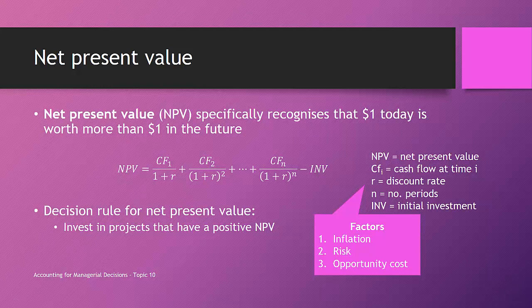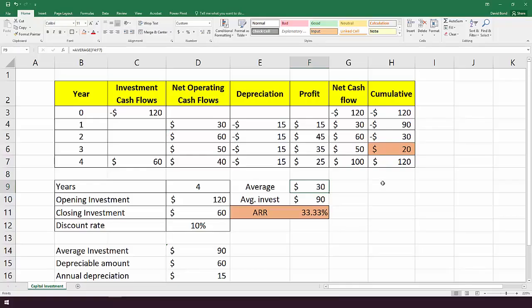So let's have a look at this in practice. There's a couple of different ways to calculate net present value, and I'm going to show you two different ways here. The first is to work out the present value of each of these cash flow items.